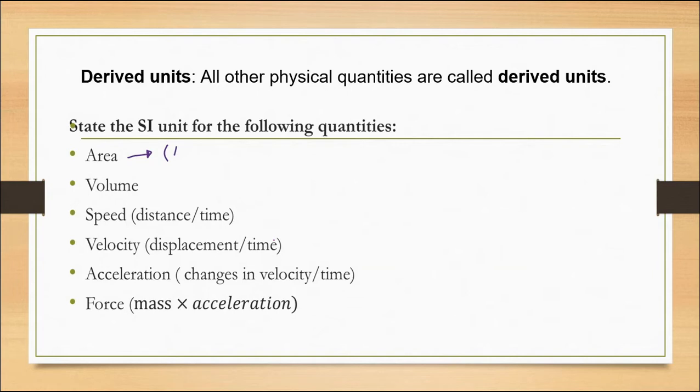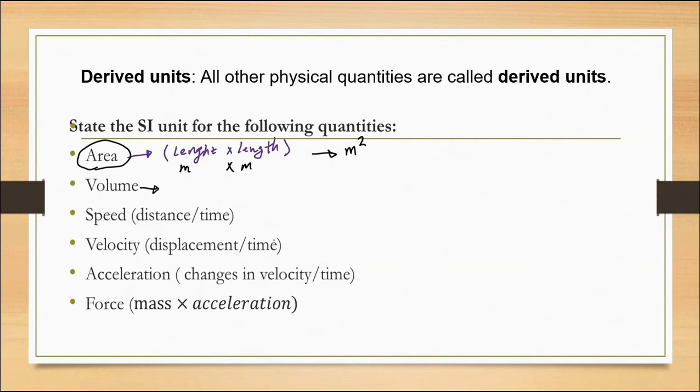Area of a square is length times length. The unit of length from that table was meter. So meter times meter. So the SI unit of area is meter squared.